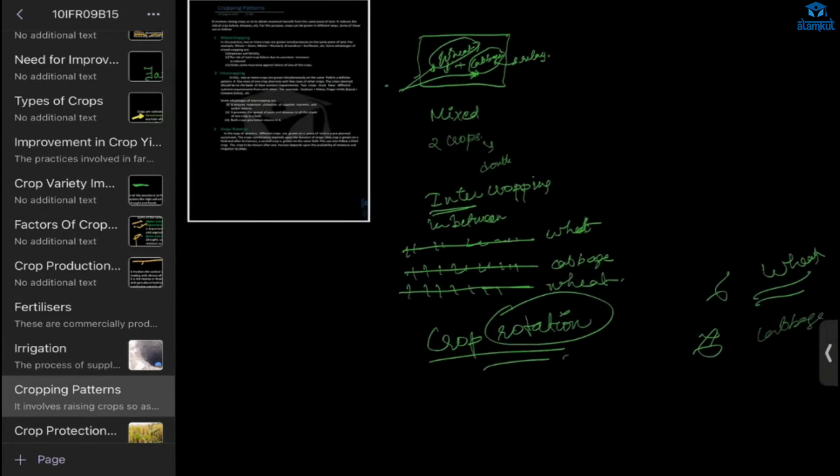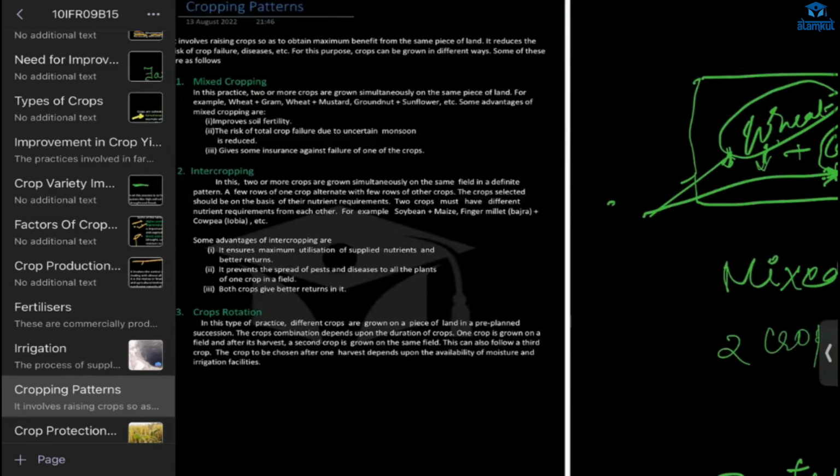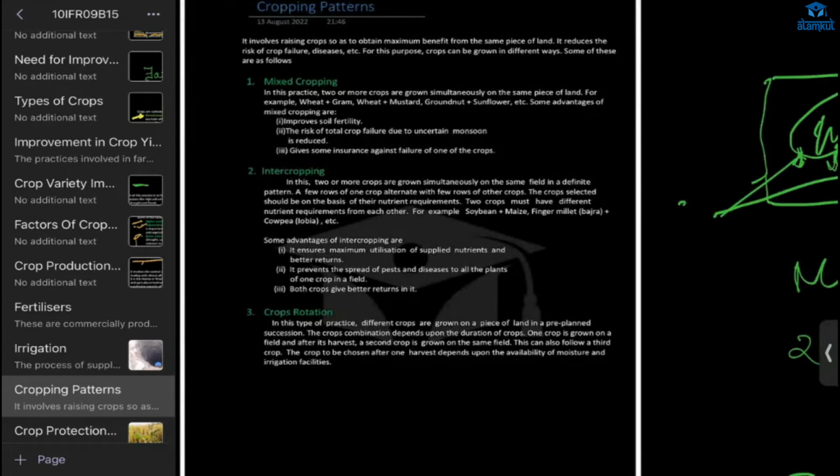Okay, next is the cropping patterns. All this will come under the production management. Next, mixed cropping. What is that?